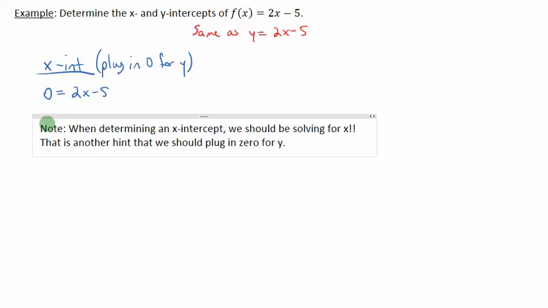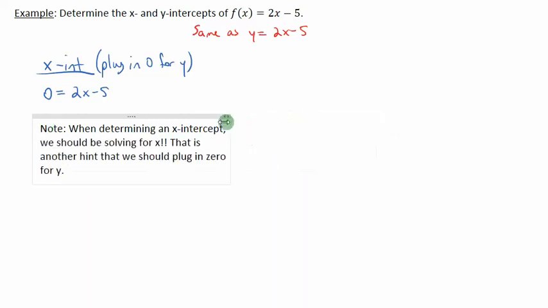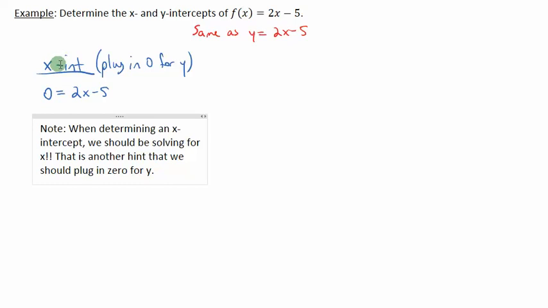Because the mistake a lot of people make is when they want to find an x-intercept, they think, oh, I should plug in 0 for x. No, that's wrong. Don't plug in 0 for x. You need to know what x is. So you're going to plug in 0 for y so you can solve for x.